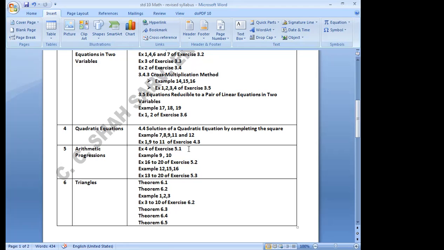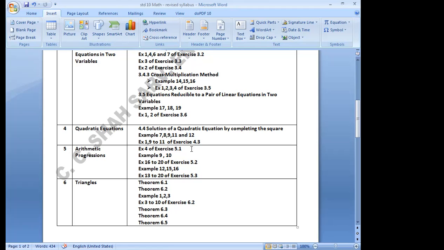Page number 100, 5.3, nth term of the arithmetic progression, that is included. In that main topic, the subtopics which are included, we will make the list out of it. On page number 102, example 3 included.